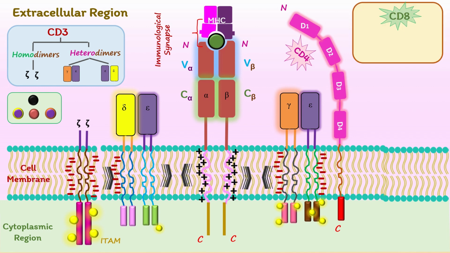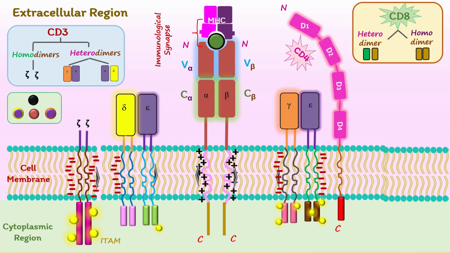But CD8 co-receptors can be heterodimers, having alpha and beta monomers, or homodimers, having alpha and alpha monomers. It is a molecule having a molecular weight of 75,000 and found on most cytotoxic T cells.